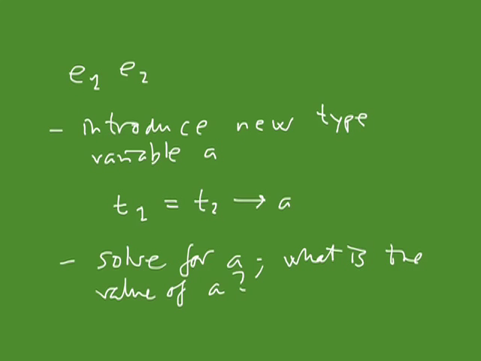What is the type associated with A? In other words, we're finding a type substitution for A.